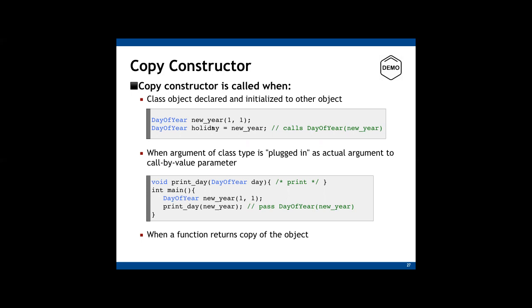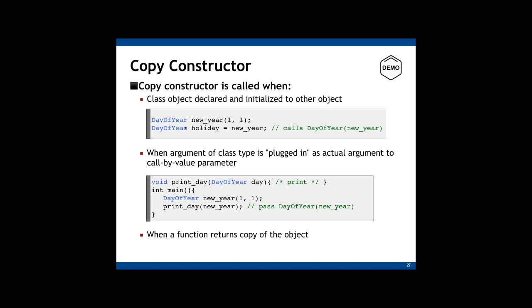And now we are declaring another object, holiday, of the same class type, dayOfYear, but we are assigning this previously generated object to this holiday object. By doing this, the copy constructor will be automatically invoked. So this holiday object will be initialized using the uYear object through the copy constructor.